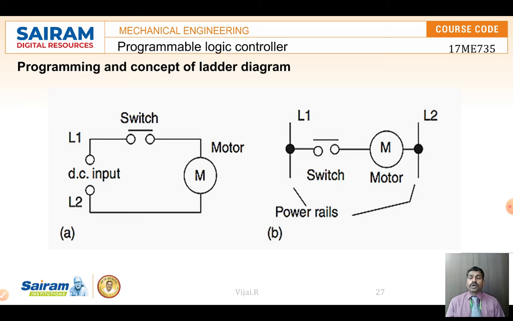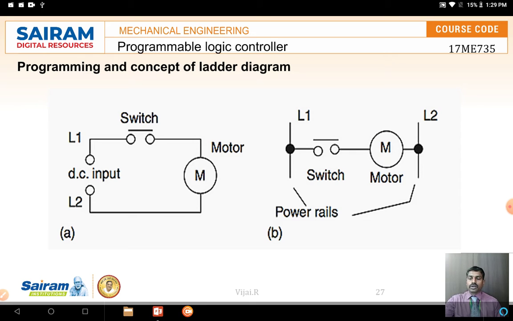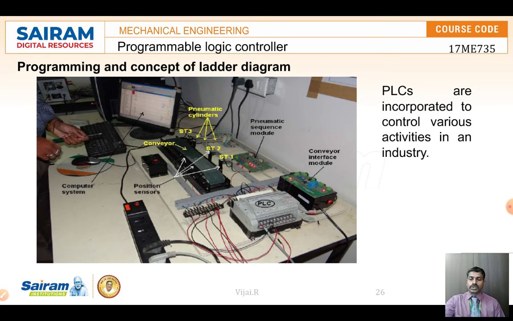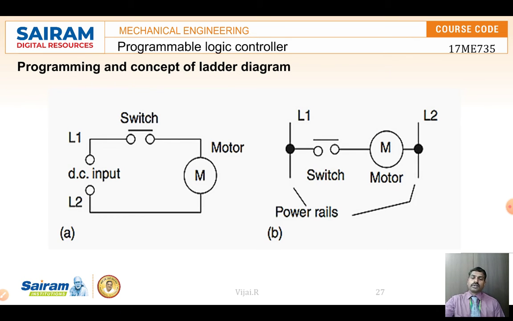We know when the switch is on, the circuit is connected from L1, goes to the motor, and returns back to L2. The circuit is closed, and that helps the rotating of the motor.